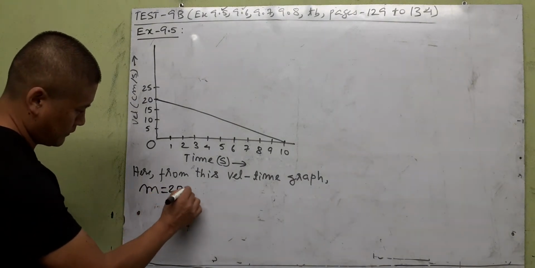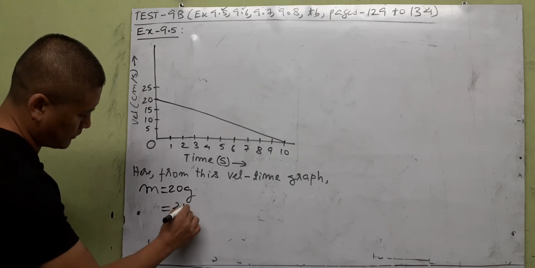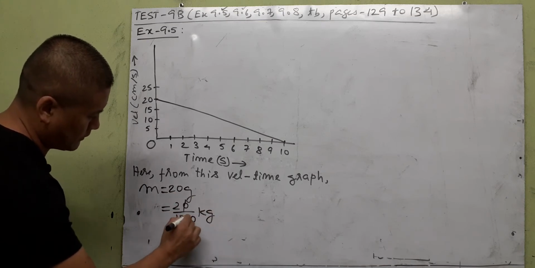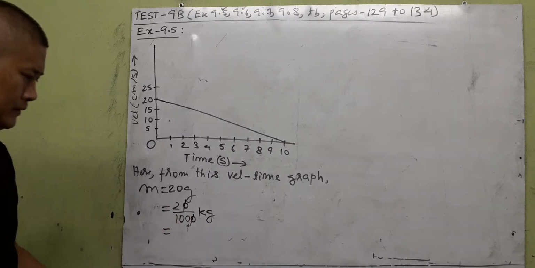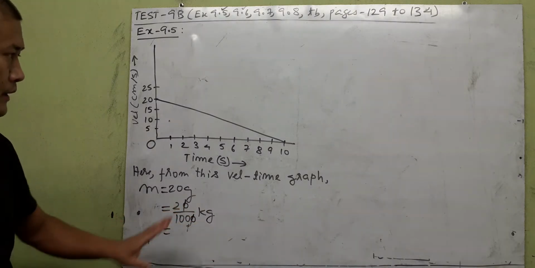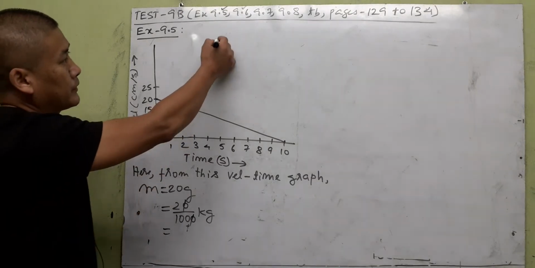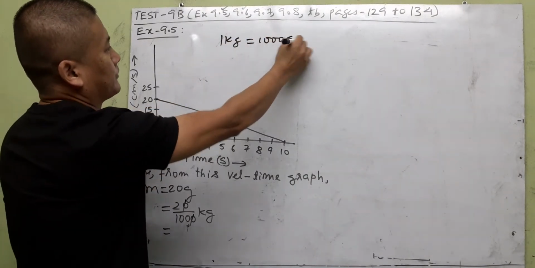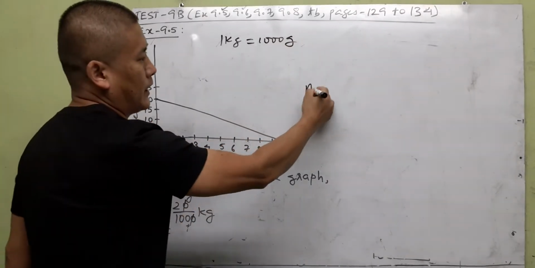to 20 gram, which has to be changed to kilogram by dividing by 1000. 0, 0 cancel, because the SI unit of mass is kg, you know that, right? So 1 kg is equal to 1000 gram. SI unit follows the MKS system.